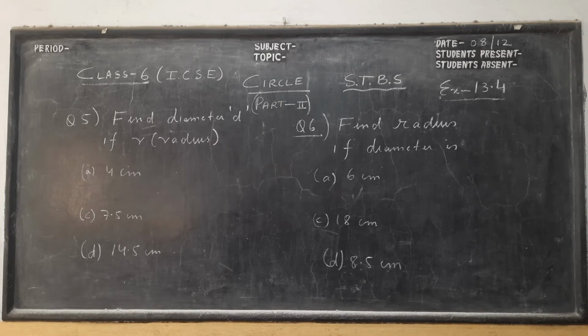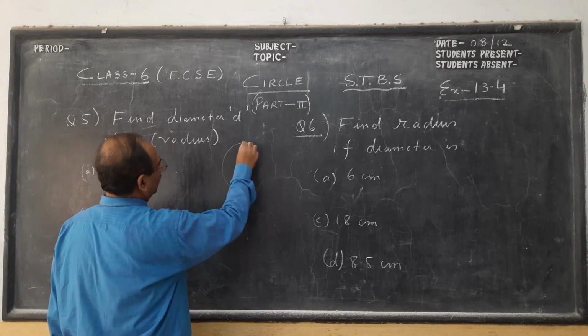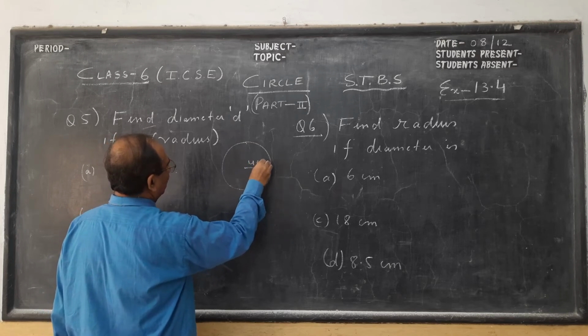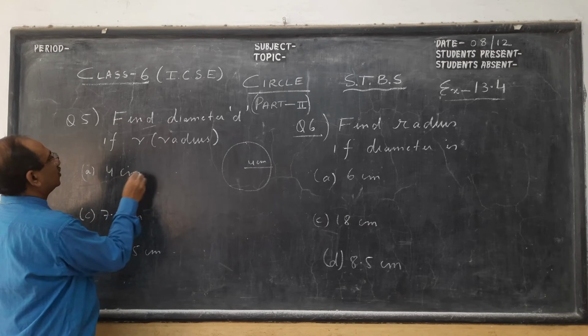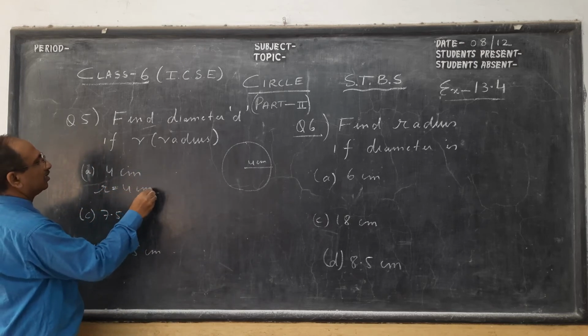Next we move on to the last 2 questions of this part 2 of our video. Here we have to find diameter if radius is given. Just one example I'll tell you with a diagram. If the radius is 4, children, I'll write R is equal to 4 centimeter.